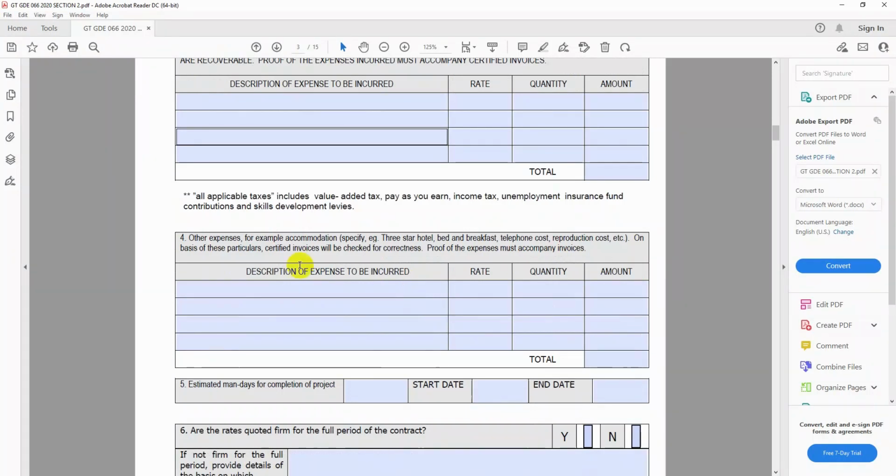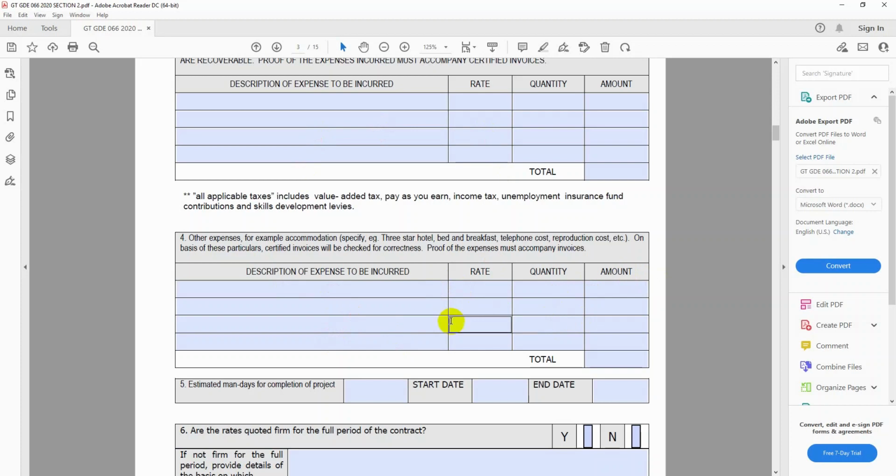And then this is for accommodation. Let's say, for example, your services need you to book a 3-star hotel, the food and everything, but for this specific tender, there is no 3-star bedroom or breakfast, and you will not be required to go and sleep in a hotel.